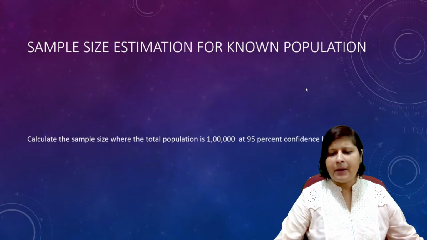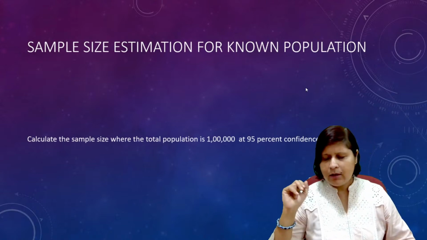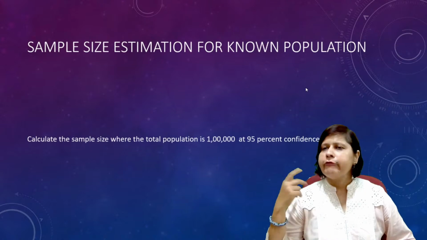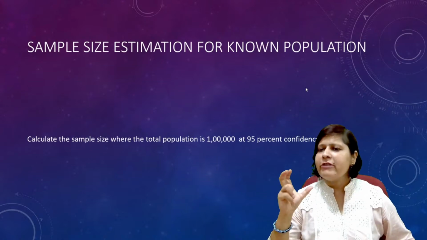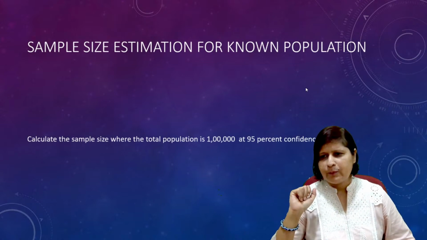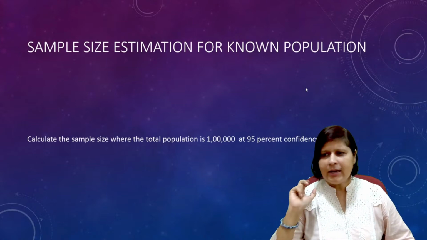When we do sample size estimation, we calculate the sample size for a known population and for an unknown population. Known population is when we know the size of the population under study, right?